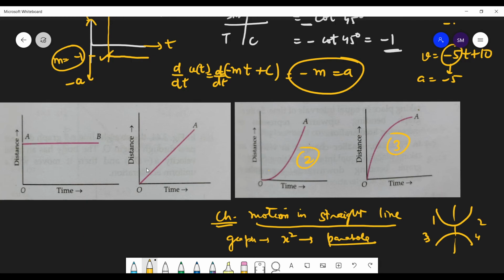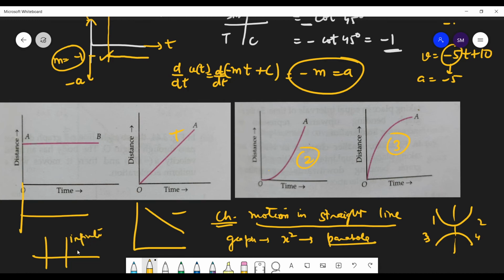Now this line can be this way, this line can be constant, this line can be here negative, this line can be like this also. That's all the possible graphs that can be there in this chapter. So 4 parabolas, positive slope, negative slope, and this slope positive negative, and this slope infinite. So this will not be possible.